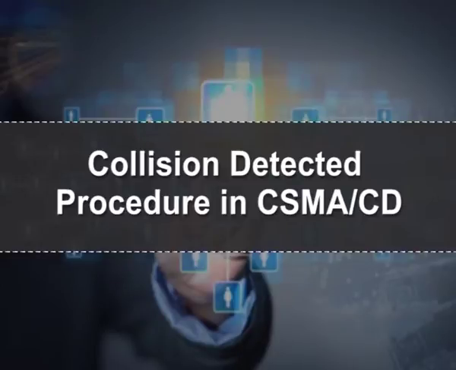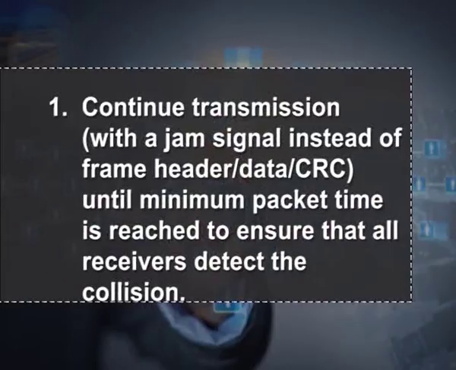Let us discuss the collision detection procedure in CSMA-CD. The following procedure is used to resolve a detected collision. The procedure is complete when retransmission is initiated or the retransmission is aborted due to numerous collisions. Continue transmission with a jam signal instead of frame header data or CRC until minimum packet time is reached to ensure that all receivers detect the collision.